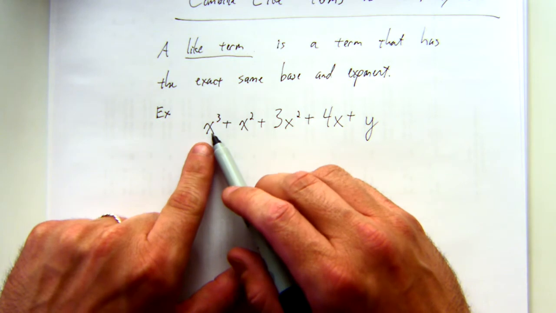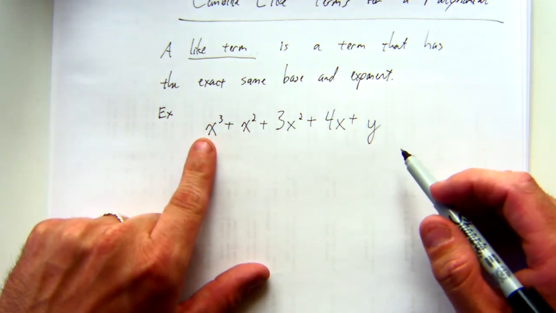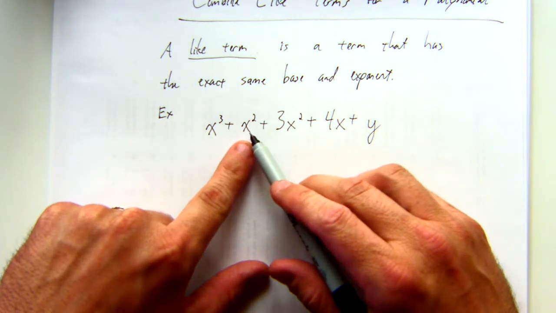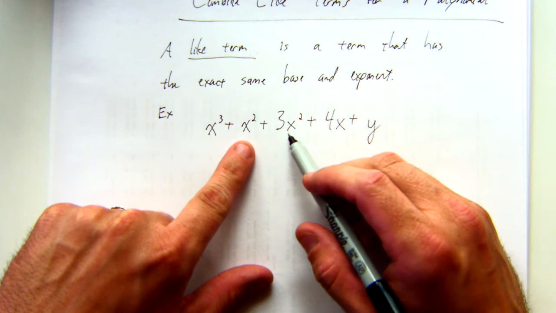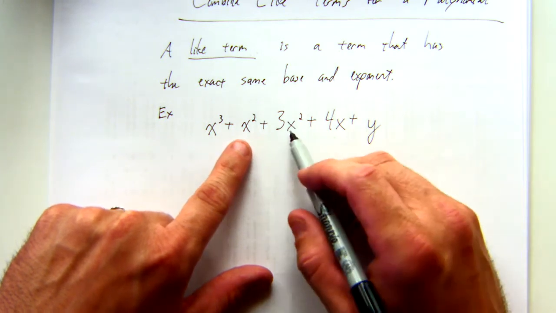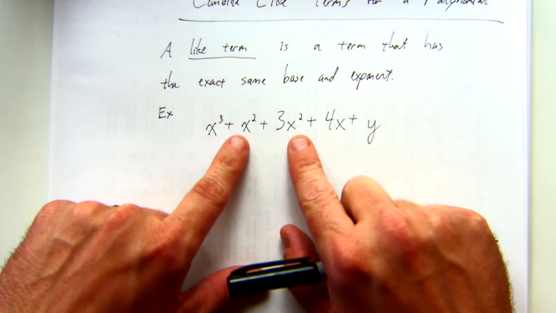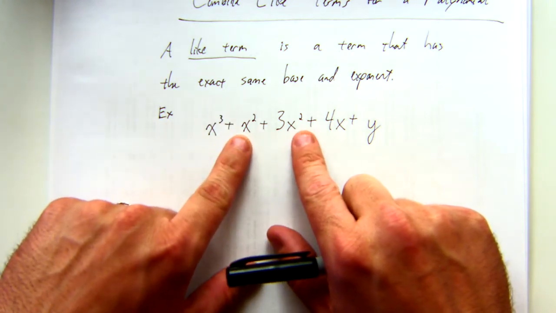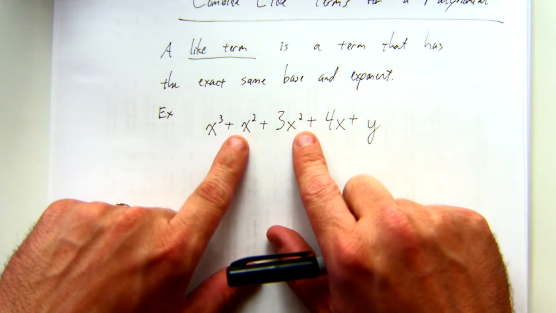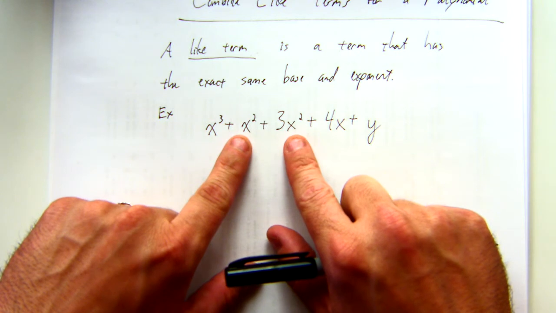So you have an x cubed here. Do you have another x cubed? No. You have an x squared here, but do you have another x squared? Yeah, so you've got this 3x squared. So we can combine these because this term and this term have the exact same base of x and exponent squared. So you can think of this as maybe an apple plus 3 apples is what?